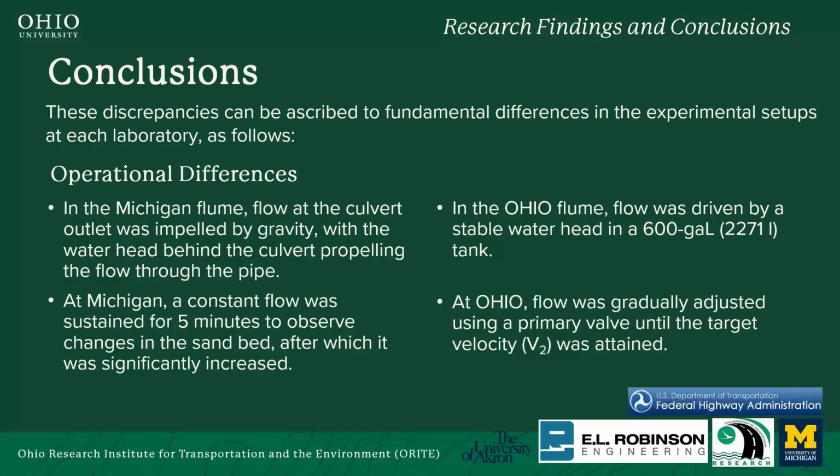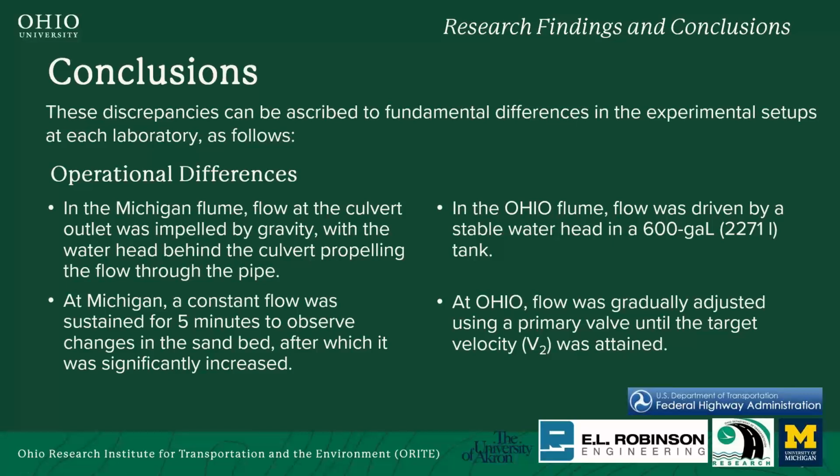So there are some operational differences that we discovered in Michigan. The Michigan flume is a recycling system, right? And in our flume we are using two giant water tanks to drive the flow. So we mainly use head to drive the flow. And in Michigan, the constant flow rate is the same for 5 minutes to observe the changes in the sand bed.